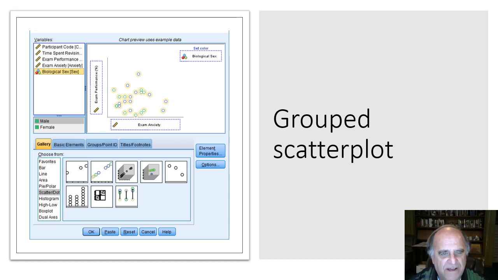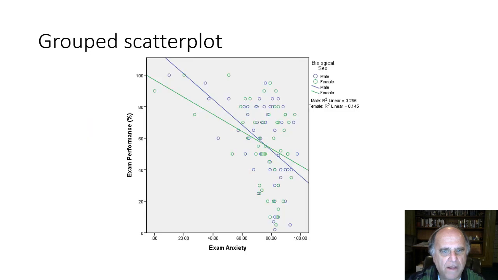One sex is green, the other sex is blue. And so you can see in this chart preview that it's doing a grouped scatter plot. Again, all these things are available in SPSS. Field discusses them in his book. Even though these don't have the Field background, these are from Field originally.